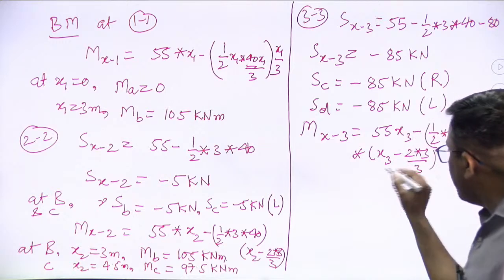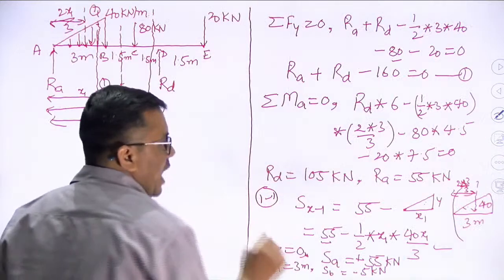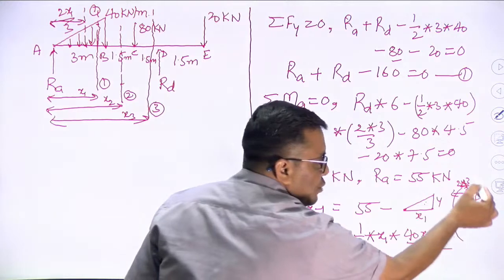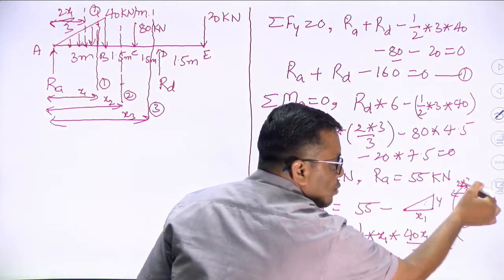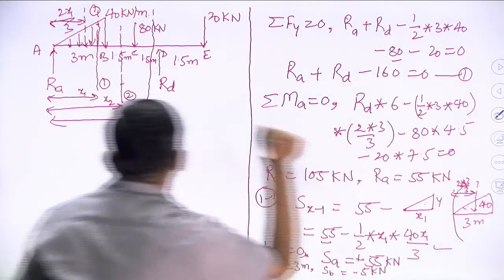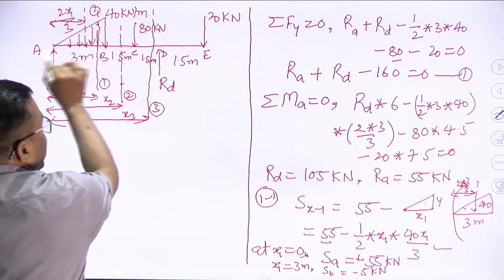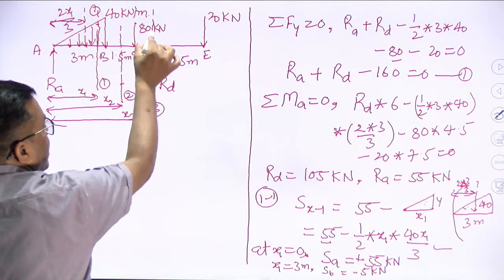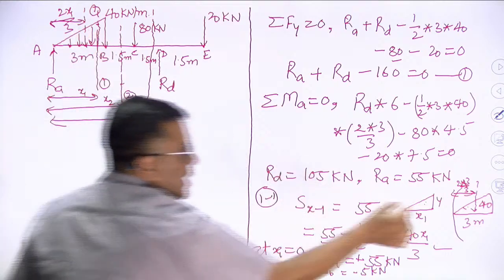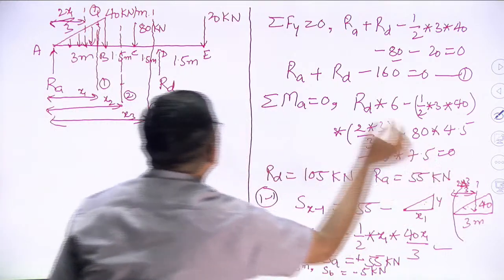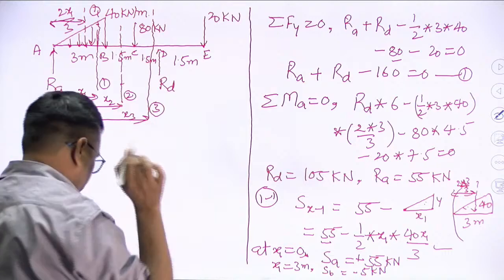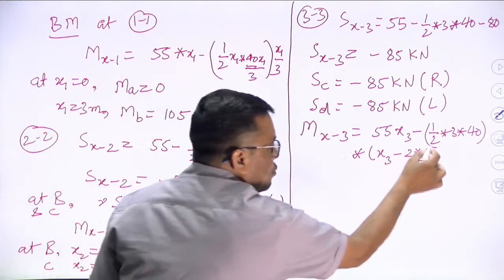Already explained this thing. Here I have explained half into 3 into 40 is at 2L by 3, that is 2 into 3 by 3 from point A. So from A it is 2 into 3 by 3, then from A to section 3 it is x3. So the distance between this half into 3 into 40 and section plane 3-3 must be x3 minus 2 into 3 by 3.